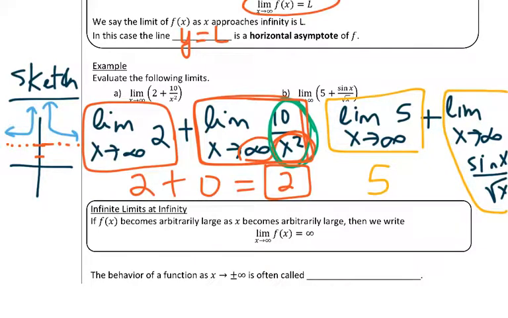As the x values get bigger and bigger and bigger, what's happening to this fraction? Okay, so if you are having a hard time seeing what that is, it's okay to plug in values, right? So try when x is 100, then try when x is 1,000, or whatever, and see what's happening to that overall fraction. And hopefully you'll see that that also gets closer and closer to 0. So that means the overall limit is 5.